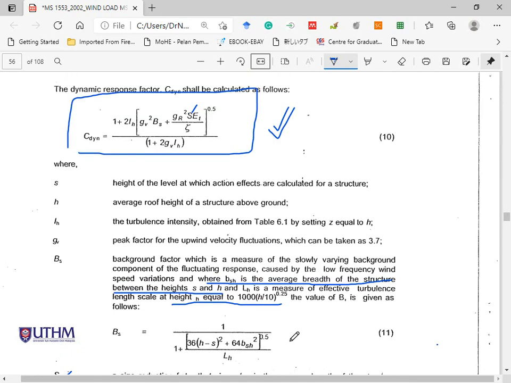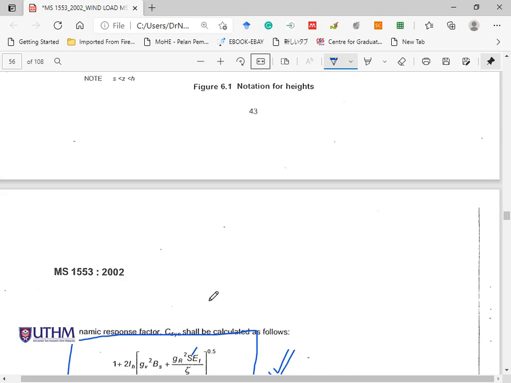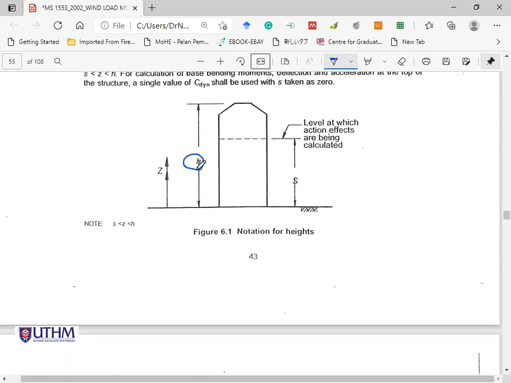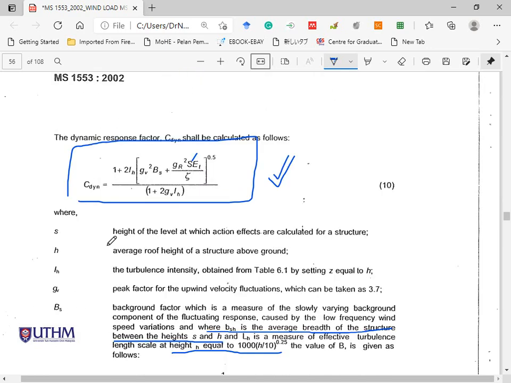H kat sini, this H and this s. S is the height of the level at which the action effect is calculated. H is the average roof height. Kalau ketinggian bangunan tu 25 m, so itu adalah H. And the Ih here is the turbulence intensity obtained from table 6.1 by setting z equal to h.